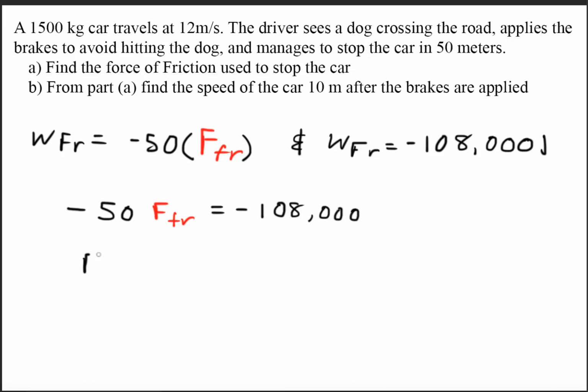So ultimately, the force of friction will be equal to 2,160 newtons. And that's how you solve part A, using the work equation combined with the work energy theorem.